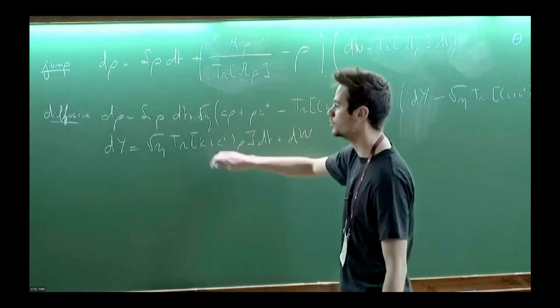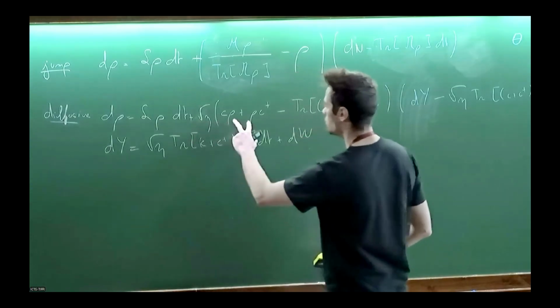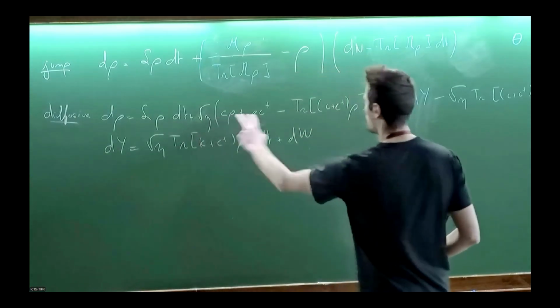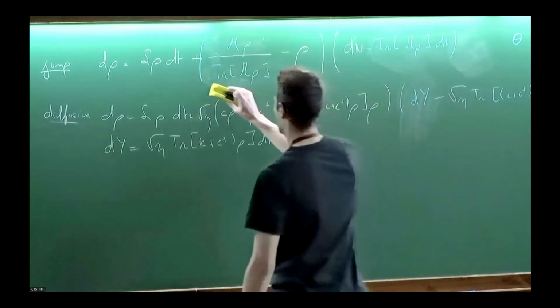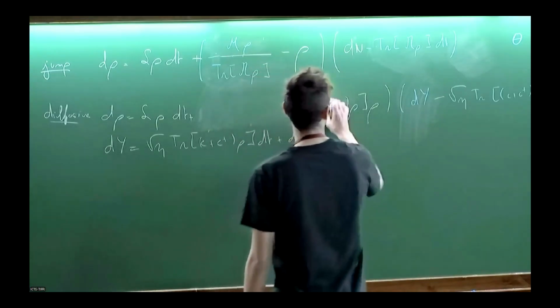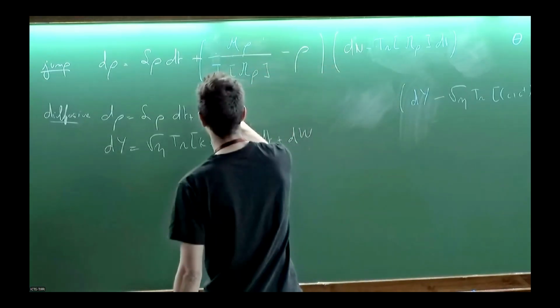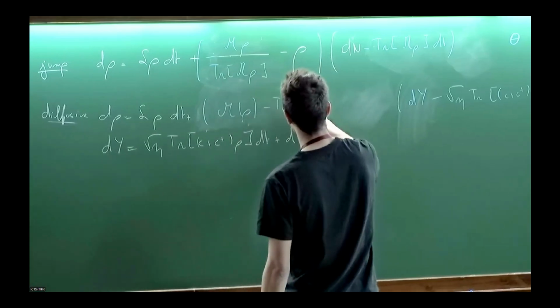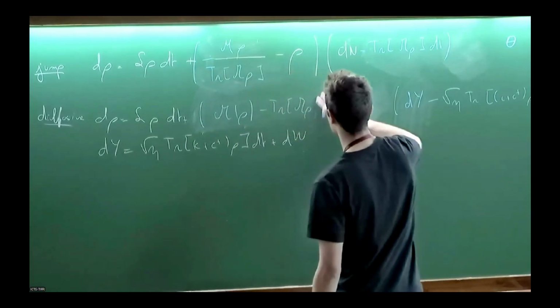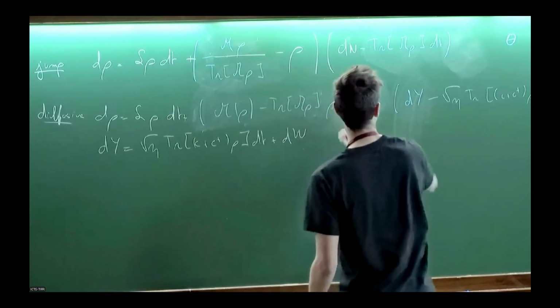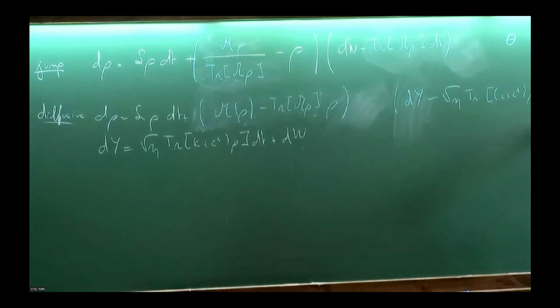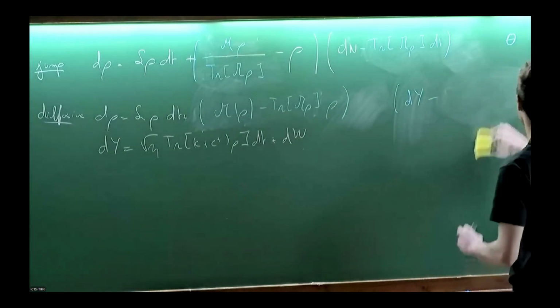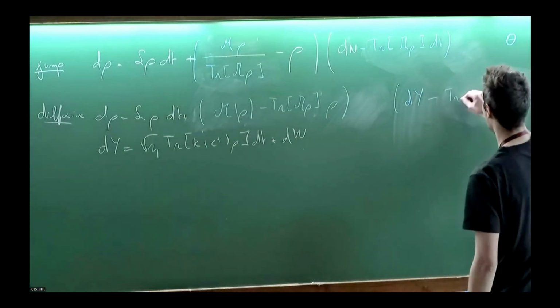And in this case, I'm going to use the diffusive one. So you see the square root with this is going to be M applied to rho, and the square root with this is going to be the trace. So I can rewrite this as M rho minus trace of M rho rho. And here again, you have the trace of M rho. So you're starting to see our goal here.